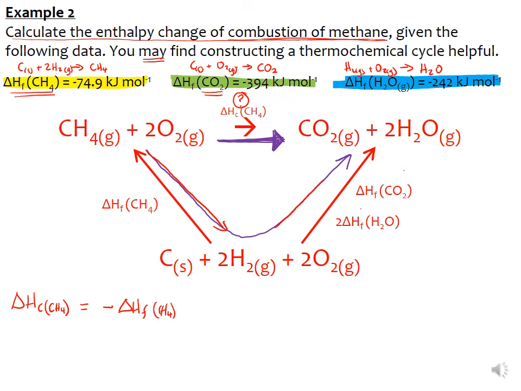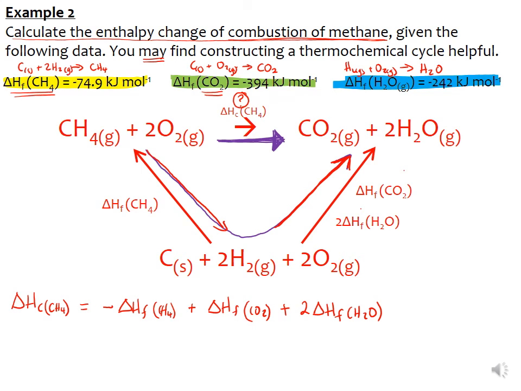Then we're coming up with the arrow on the right hand side. So we're going to add the value of delta HF for CO2. My arrows and my brackets keep going a bit strange. We're also going to add, because we're going in the same direction, 2 lots of the value of delta HF for water.